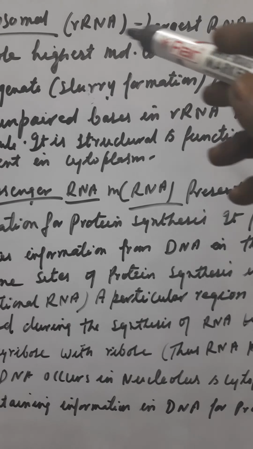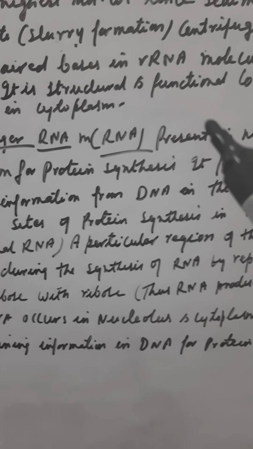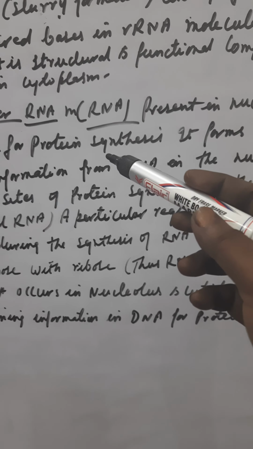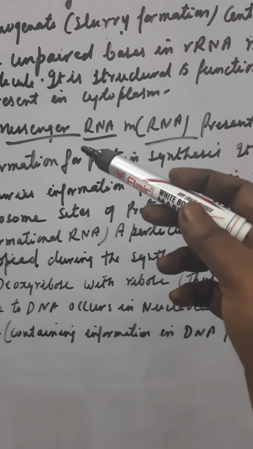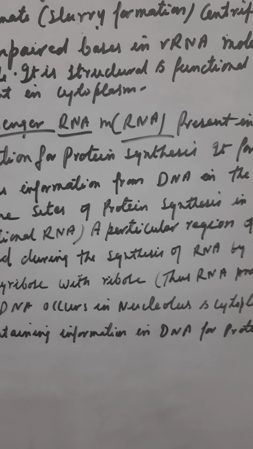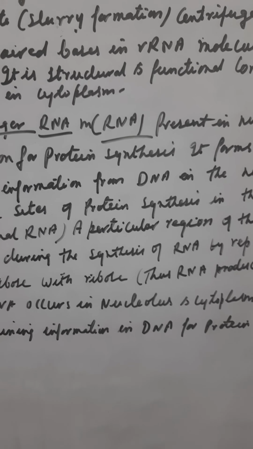Next is messenger RNA or mRNA. It is present in the nucleus and carries the information for protein synthesis. Here rRNA is in the cytoplasm, and mRNA is in the nucleus. It carries the information for protein synthesis present in the DNA, and forms a template.